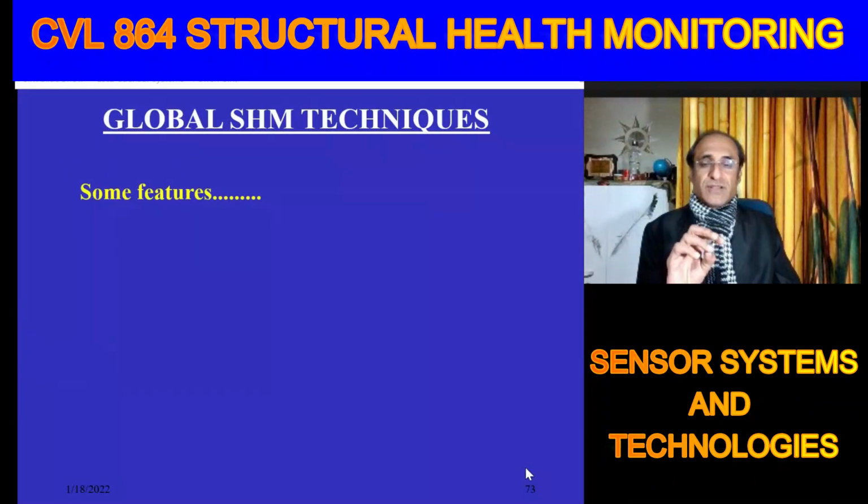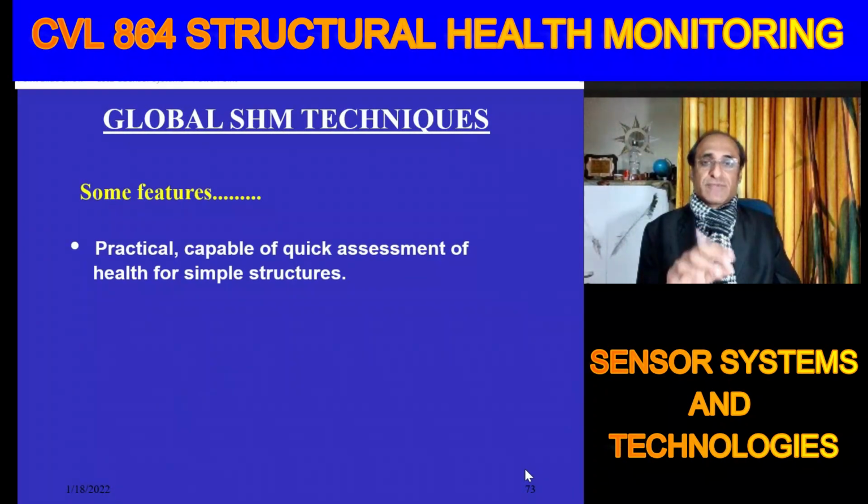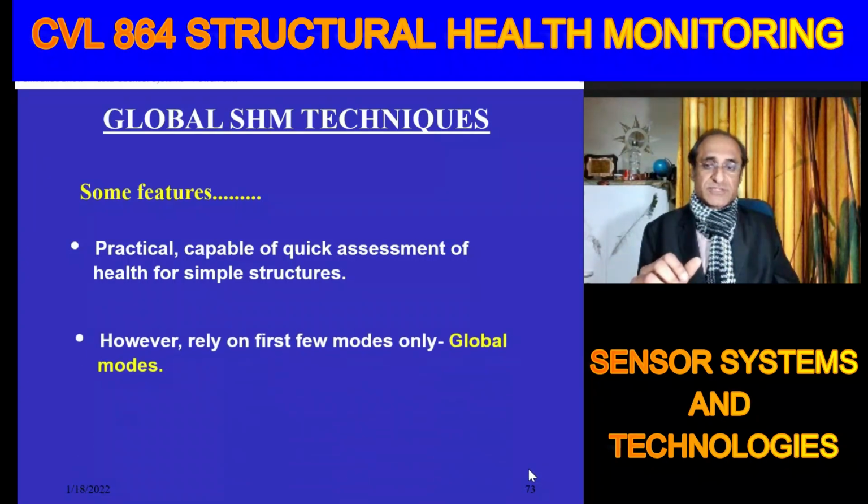So the global techniques, especially the dynamic techniques, are very practical. They help in quick assessment of the health of simple structures, but then they rely on the first few modes because they are global. By global dynamic techniques we can measure the first mode. You see, every year we do experiments.